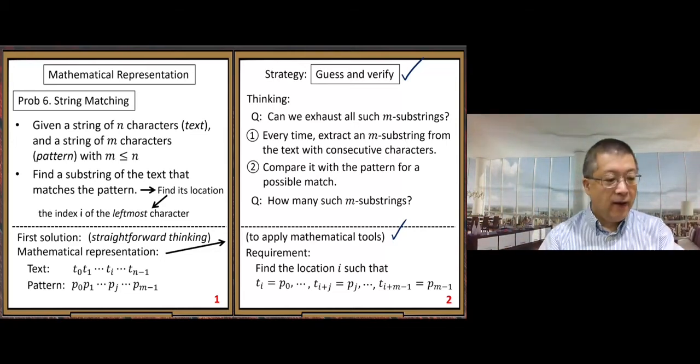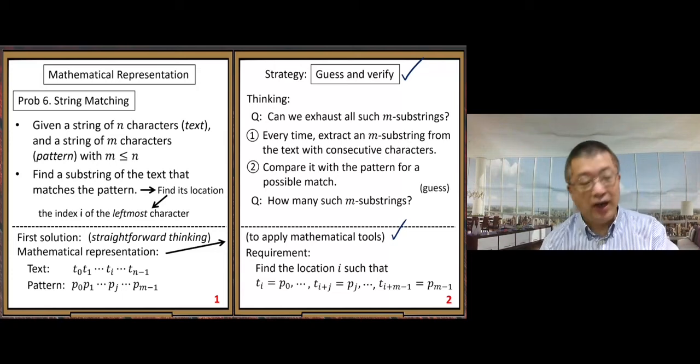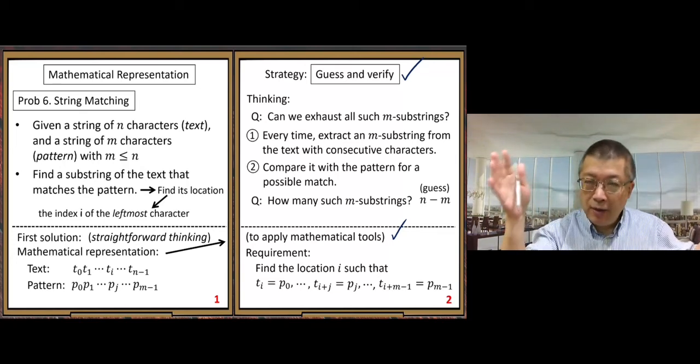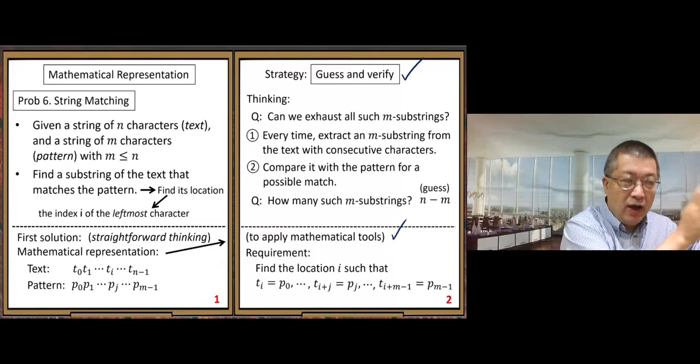Based on your intuition, your guess is likely n minus m, right? N is the total number of characters, and the number of M substrings should be smaller than n, so n minus the leading part, the m.